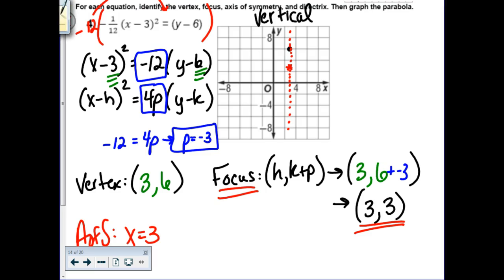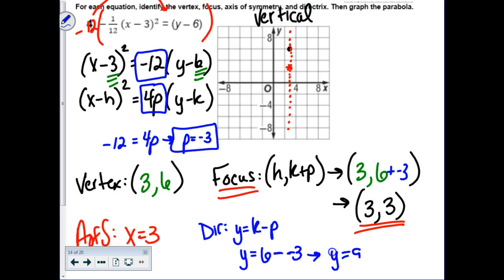And then the directrix, which for a vertical parabola, the directrix is y equals, and then it's k minus p. So be careful on this one, guys, because it would be 6 minus a negative 3. So you're going to have a directrix at the line y equals 9.